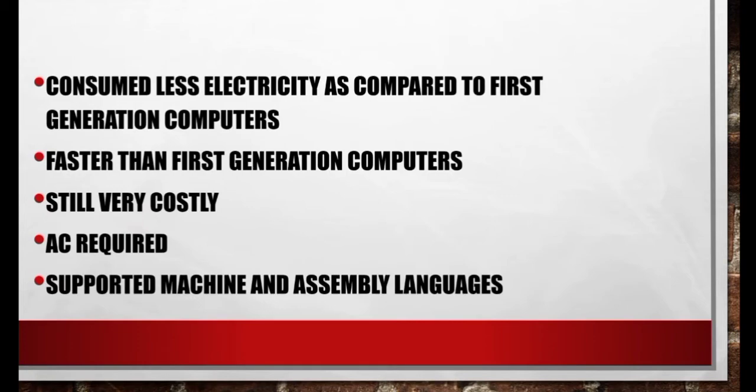Some more features: they consumed less electricity, not as compared to today, but compared to first generation computers. They were faster than first generation computers, still very costly, air conditioning required, and supported machine and assembly languages.